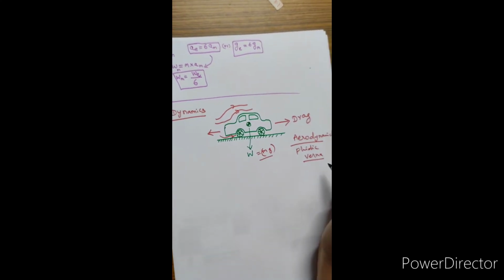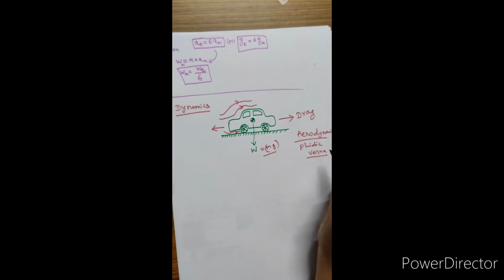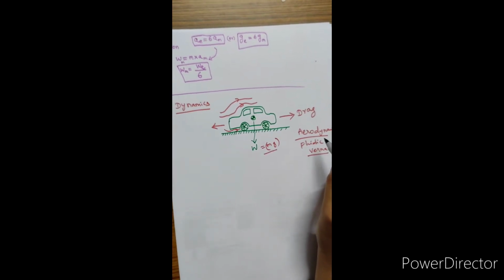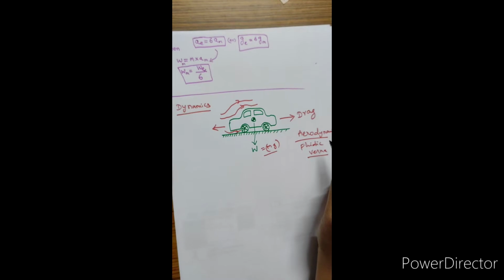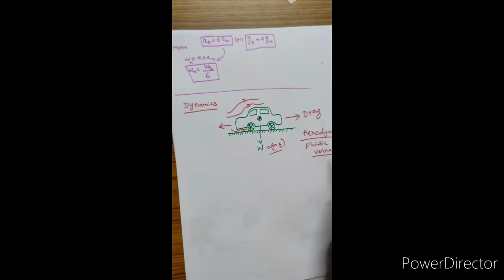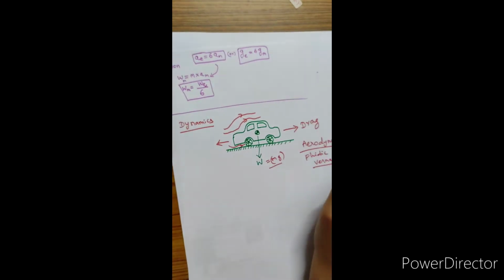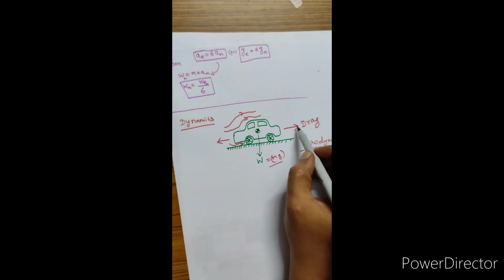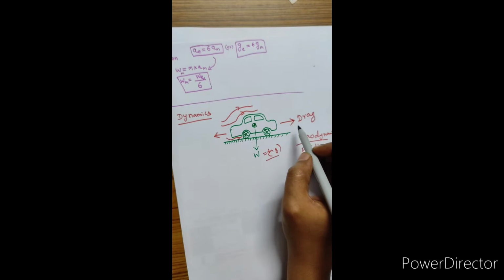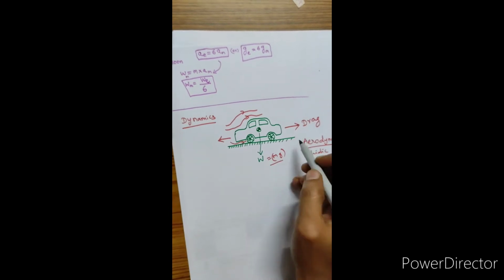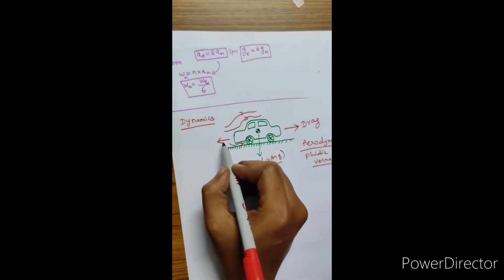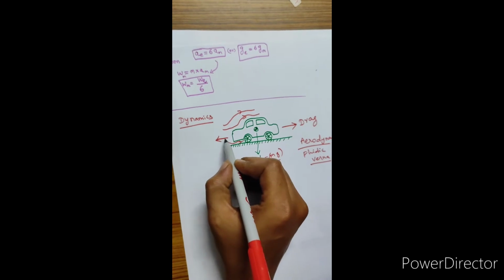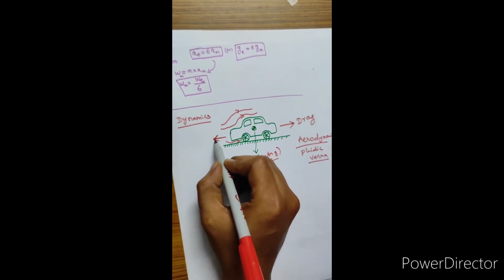There are a lot of inventions going on to reduce the drag, which will in turn increase the efficiency of the car. So the second force that we are interested in is the drag force, which will always oppose the motion in the forward direction.